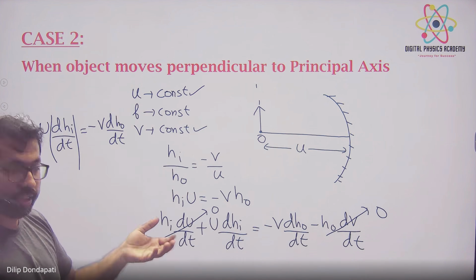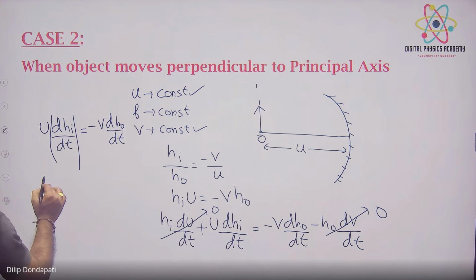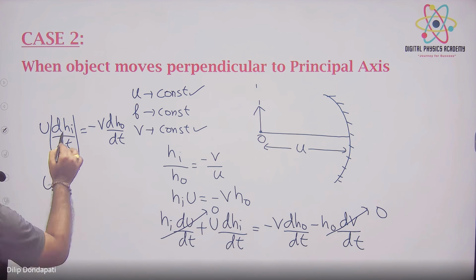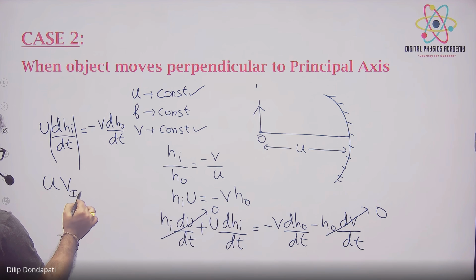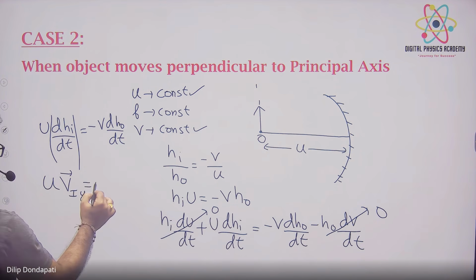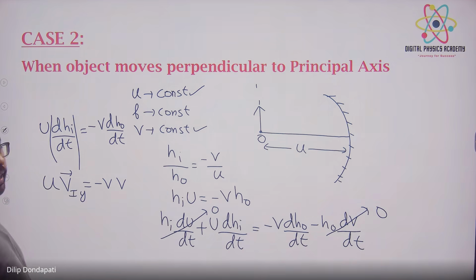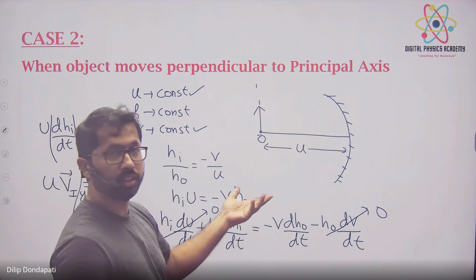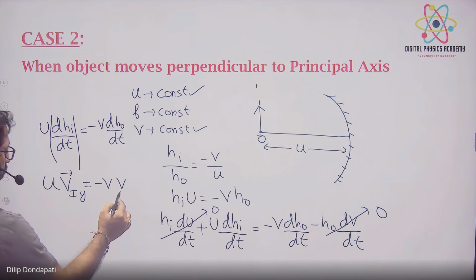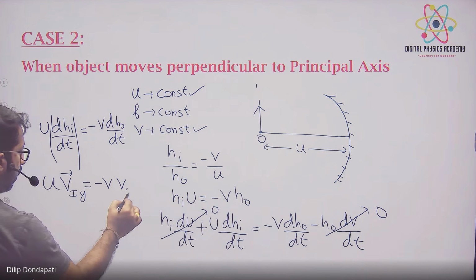So U into the velocity of the image, this is in the y direction, is equal to minus v times the velocity of the object in the y direction.